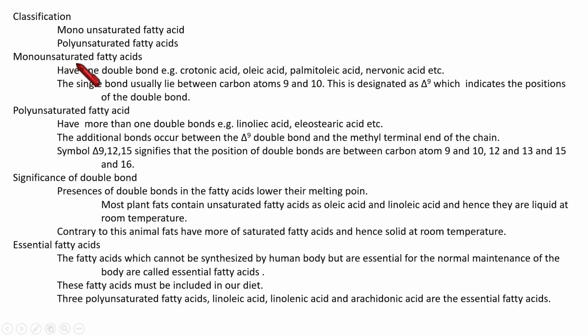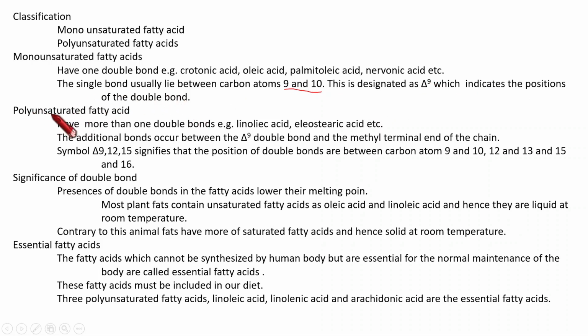Where can we locate that double bond? Usually it lies between the ninth and 10th carbon atom in the hydrocarbon chain. That position we designate as delta 9, which indicates the position of the double bond.